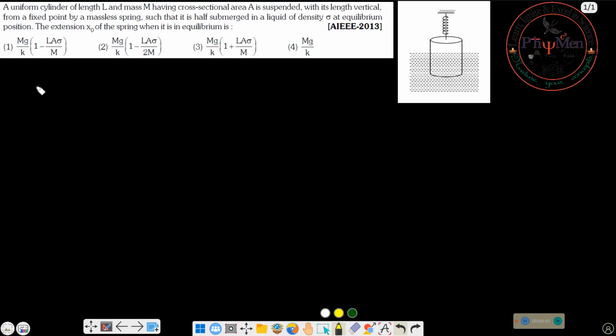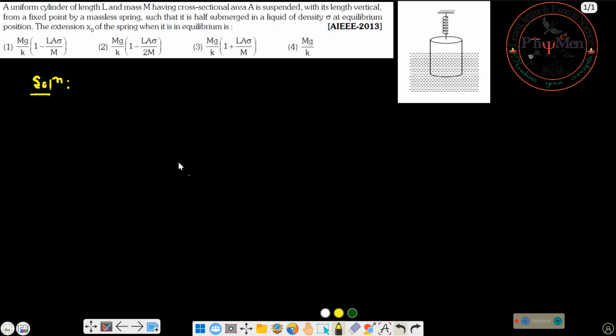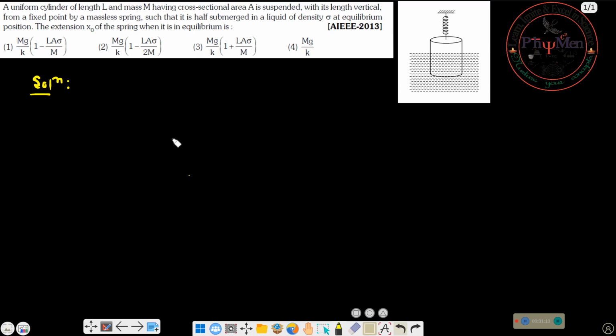So the question says that we have a uniform cylinder. That cylinder is dipped in a liquid of density sigma.